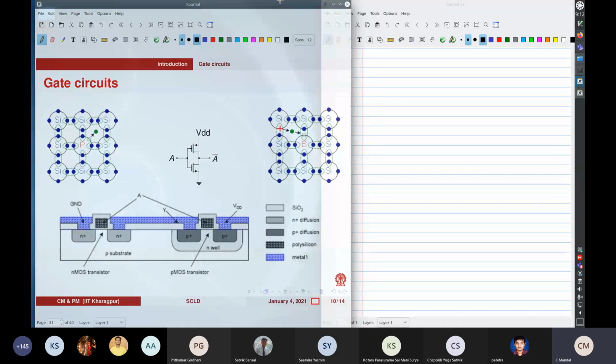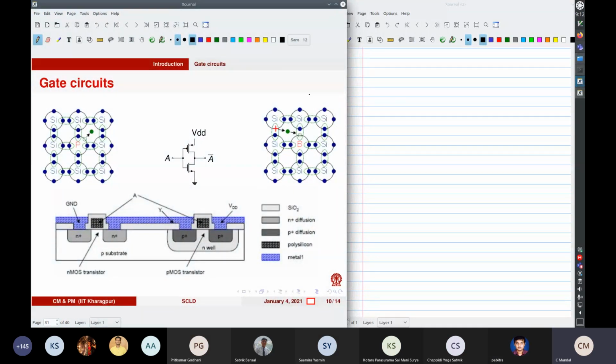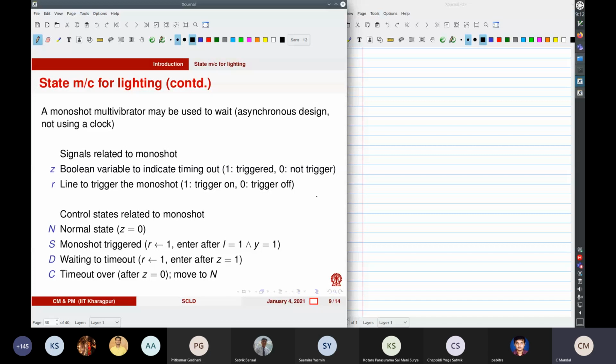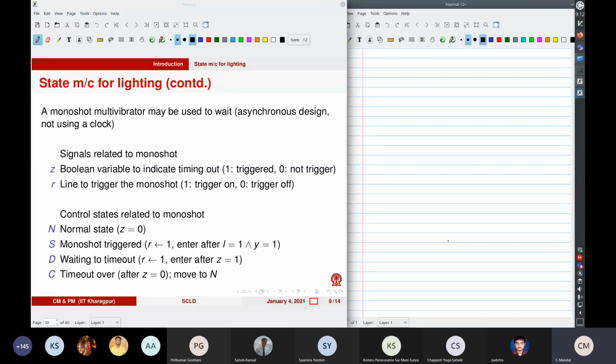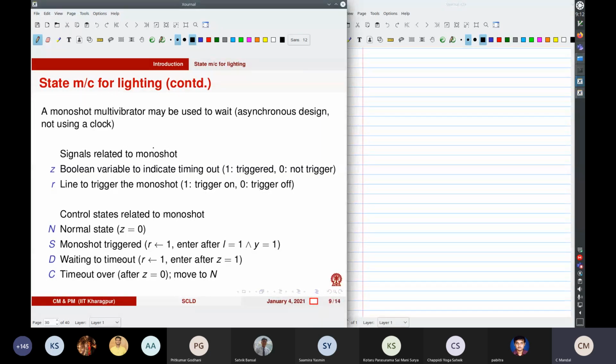desktop, right? So I just wanted to say one thing. This monoshot is, you can say, a simple kind of counter. It's not very flexible, but it is just a circuit. It typically uses an operational amplifier.